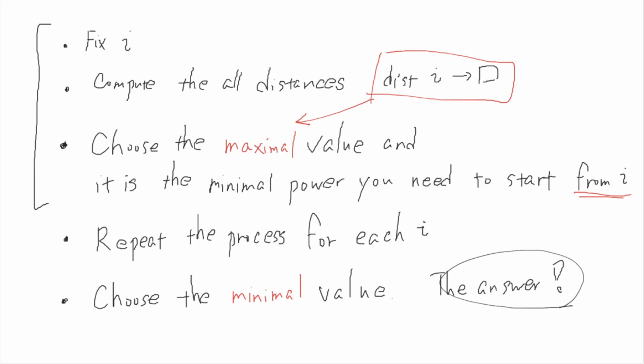So repeat this process for each i. Finally, choose the minimal value, that is, not the maximal. It is a little bit confusing, but then we get the answer.